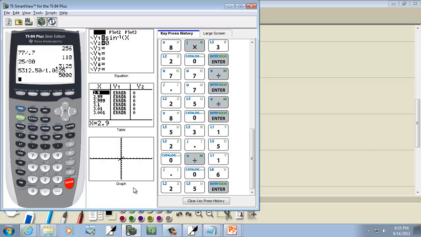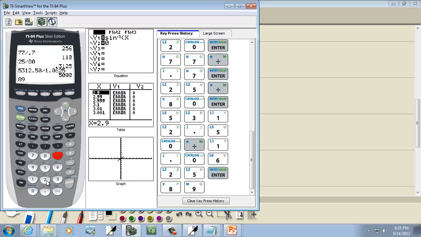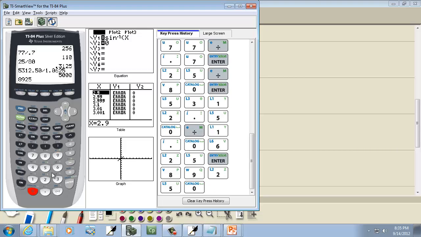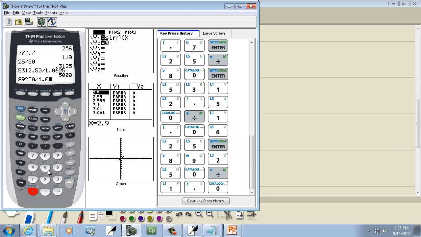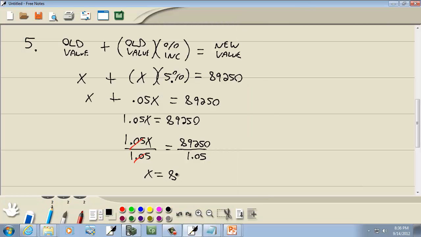And let's see what we got. 89,250 divided by 1.05. We get 85,000. And that'd be our answer.